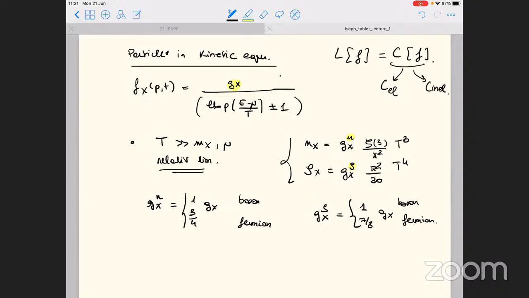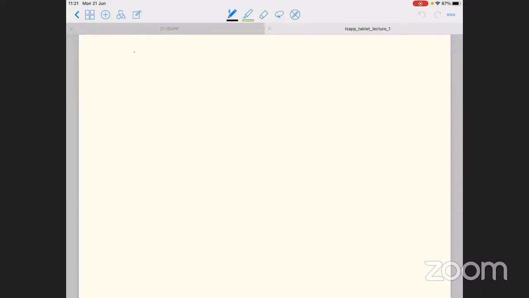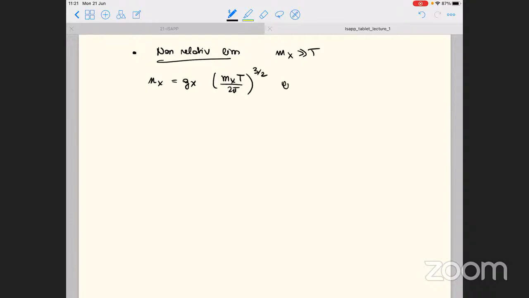Very simple dependence. In the case of the non-relativistic limit, I'm going to assume that the mass of the dark matter is significantly higher than the temperature. In that case, I can write the number density as the number of degrees of freedom of my particle times m_chi times temperature divided by 2 pi to the power 3/2, times exponential of minus (m_chi minus mu) divided by temperature.